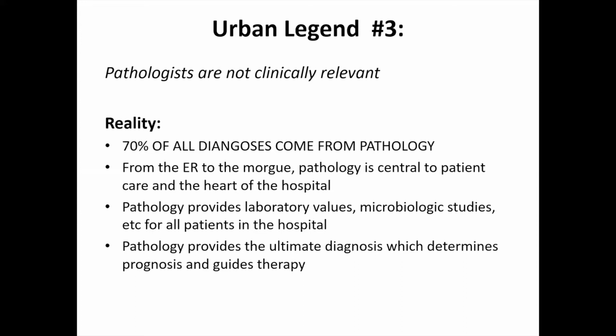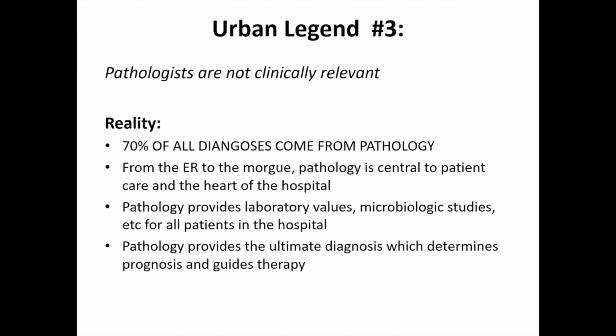The patient has their whole course of life, they go see the doctor, those labs are sent to pathology. The patient dies and goes to the morgue. The whole course of life from birth to death is really a large part governed by pathology and diagnoses coming from pathology. So we provide all these really important studies that help guide therapy and help determine prognosis. And it's very important for patient care.